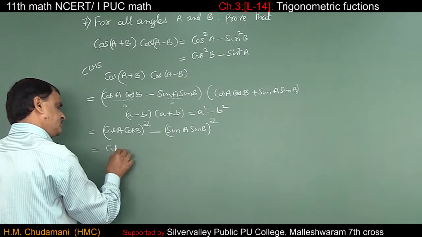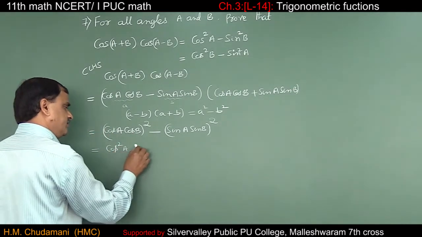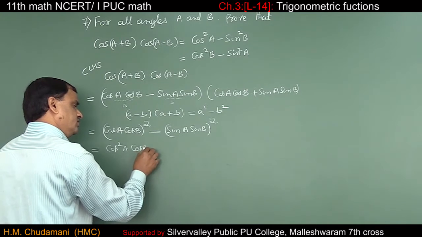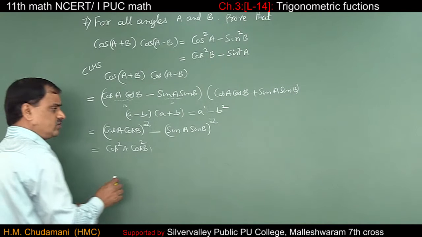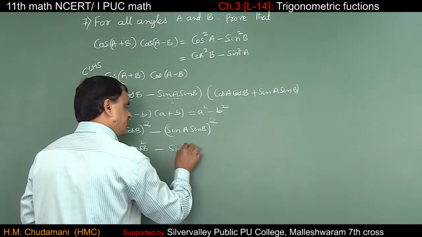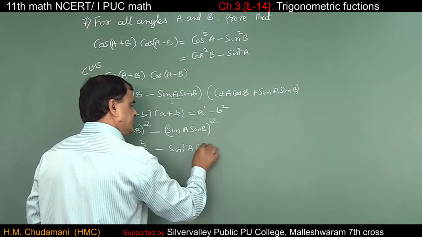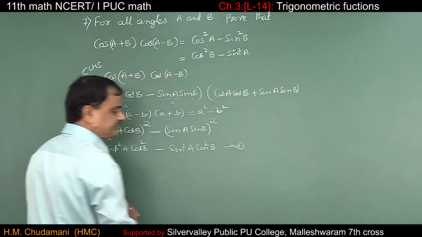Expand this: (ab)^m means a^m into b^m, that is cos²a into cos²b minus sin²a into sin²b. This is equation 1.